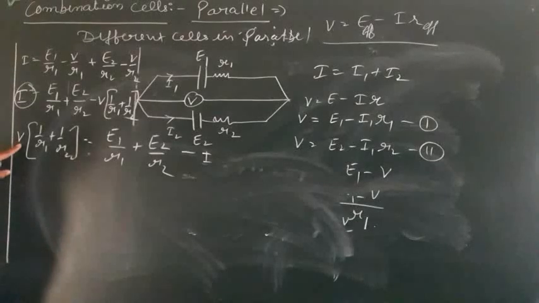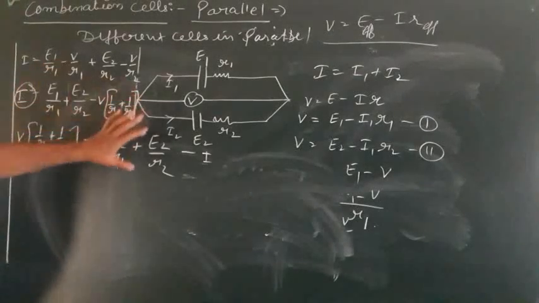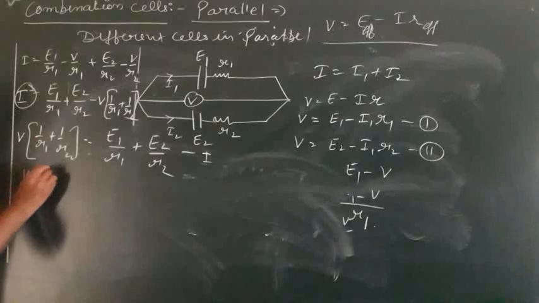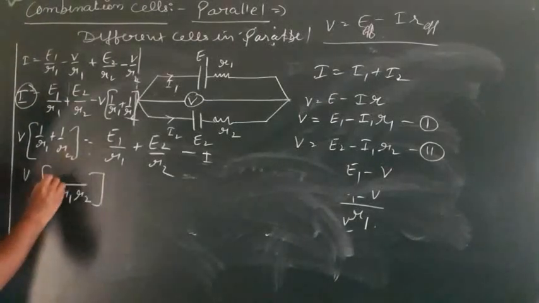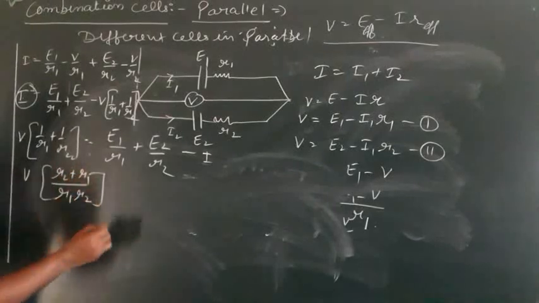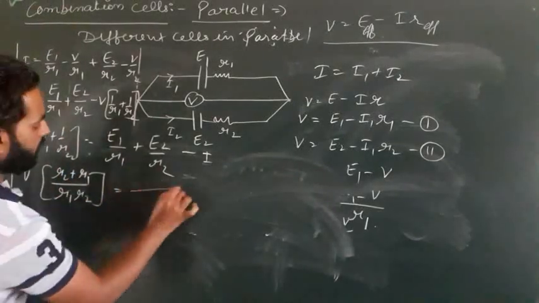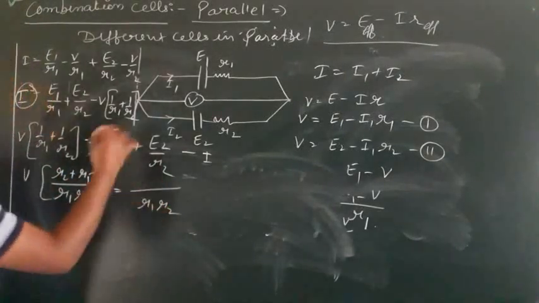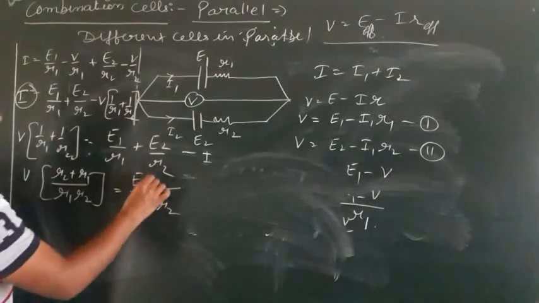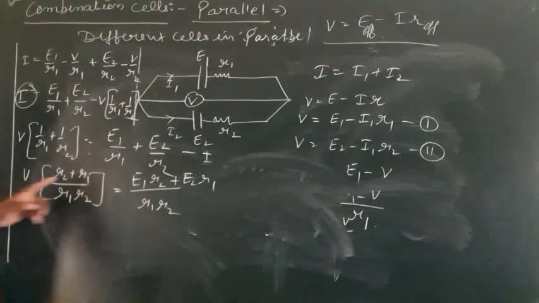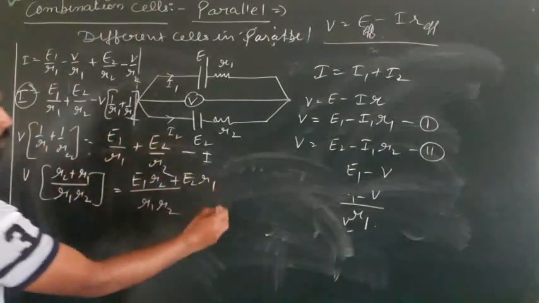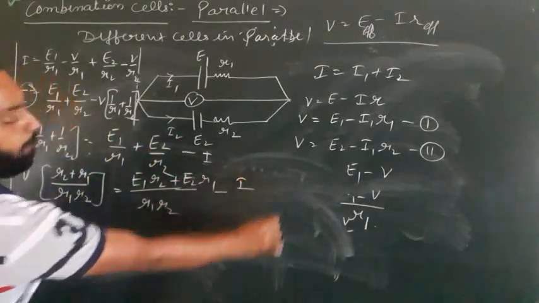Now we have to find the value of V. If we want to find the value of V, this term goes on that side. So first we solve it. I am going to take the LCM, which comes out to be R1 R2, and the numerator comes out to be R2 plus R1. Now take the LCM also here. Here it comes out to be R1 into R2, and the numerator comes out to be E1 R2 plus E2 R1. We take the LCM, R1 R2, minus I. Clear?